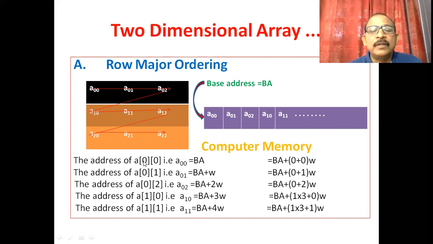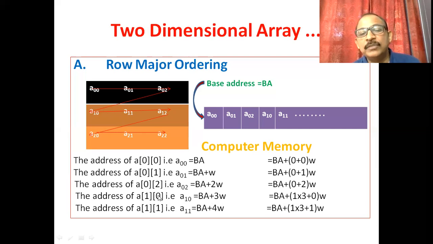Here you can see the row subscript is 0, 0, 0, and the column subscripts are increasing: 0, 1, 2. Now the address of A10 is BA plus 3W, and we may write this 3W as 1 into 3 plus 0.